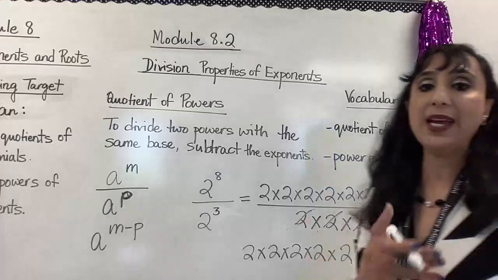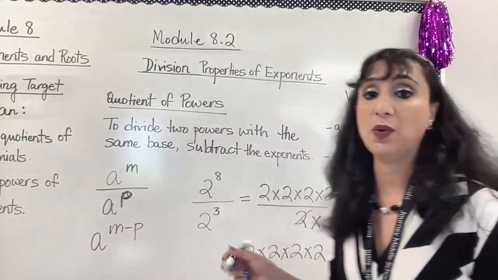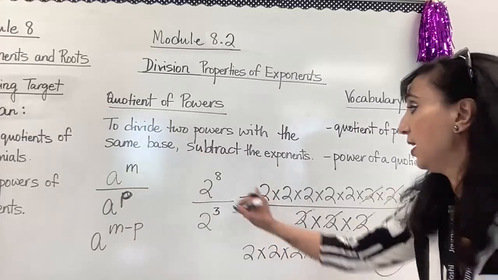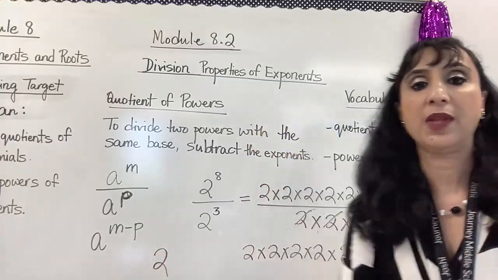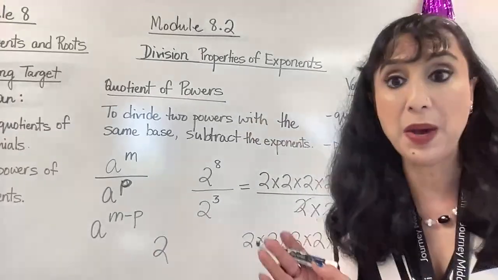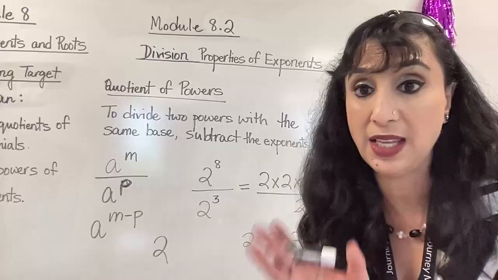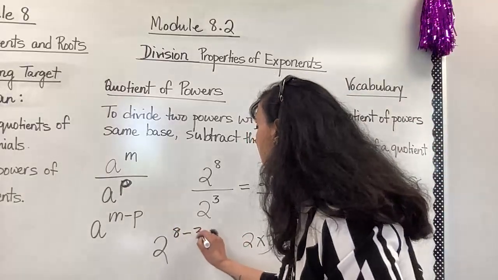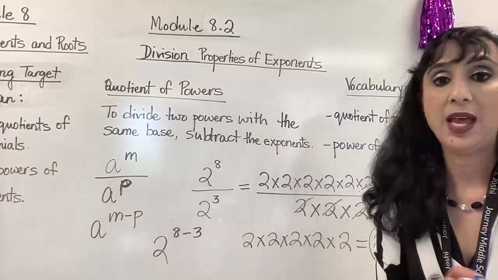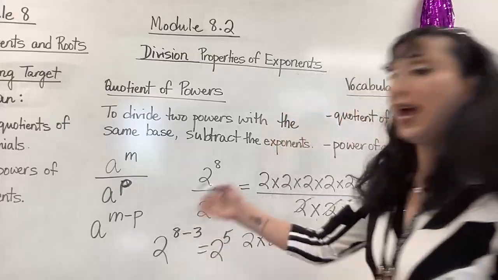So instead of making it so elaborate, in my quotient of powers, all I do is this. I take the powers, my base is 2, okay? And I just take the exponents and subtract, so 8 minus 3, and I get 2 to the 5th power. As simple as that.